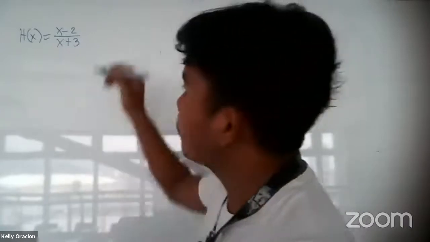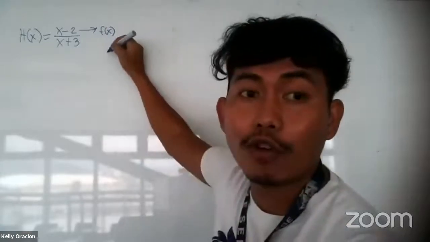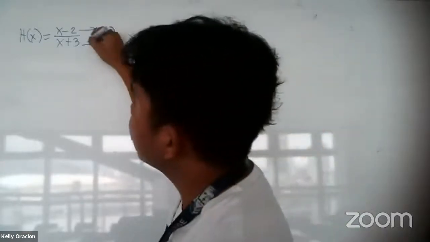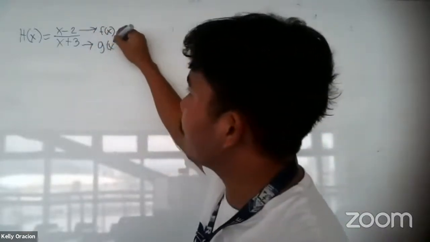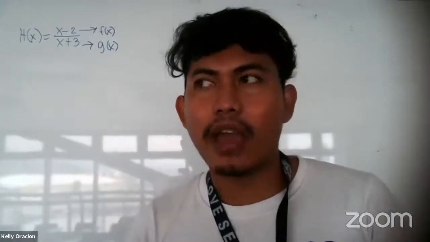Okay? And take note of this one. The numerator is your f of x. Again, the numerator is f of x, the denominator is g of x. If you do advanced research about the quotient rule, some references do not use f of x and g of x.